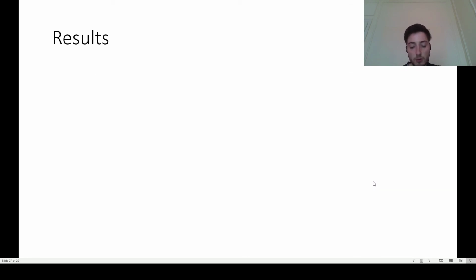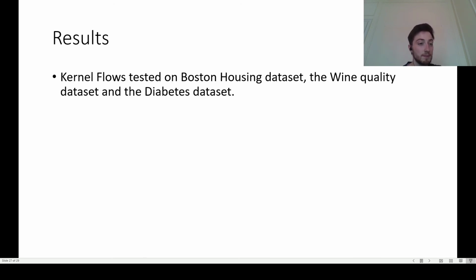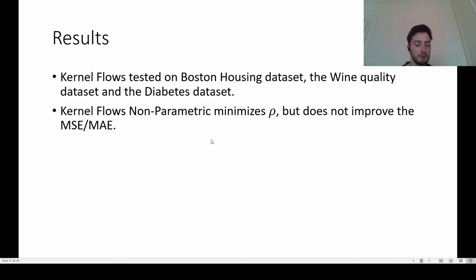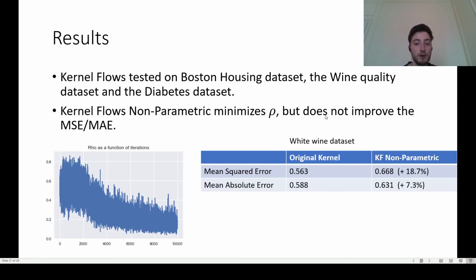And this is a general problem in the method: it will depend on the perturbations, on how much you update the points every time, the form of the kernel, and also the parameters. Again, we tested the algorithm on the Boston housing dataset, the wine quality dataset, and the diabetes dataset. And every time the non-parametric version did minimize rho, but it did not improve the mean squared error.